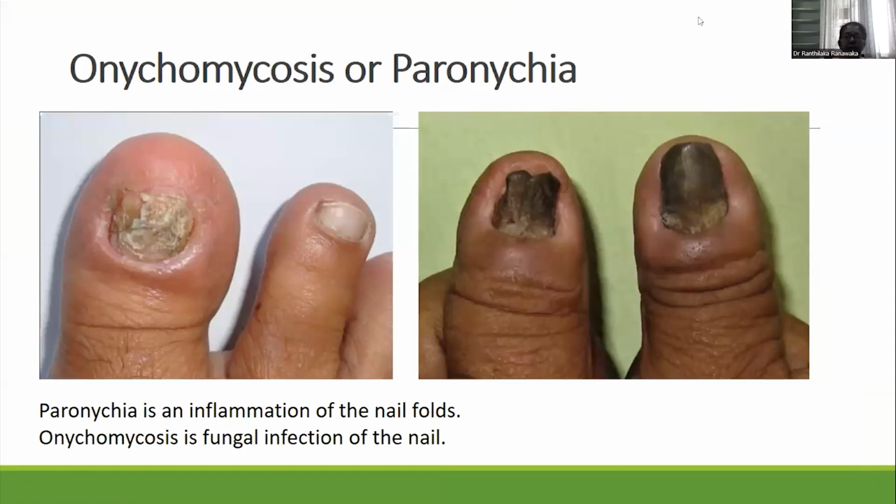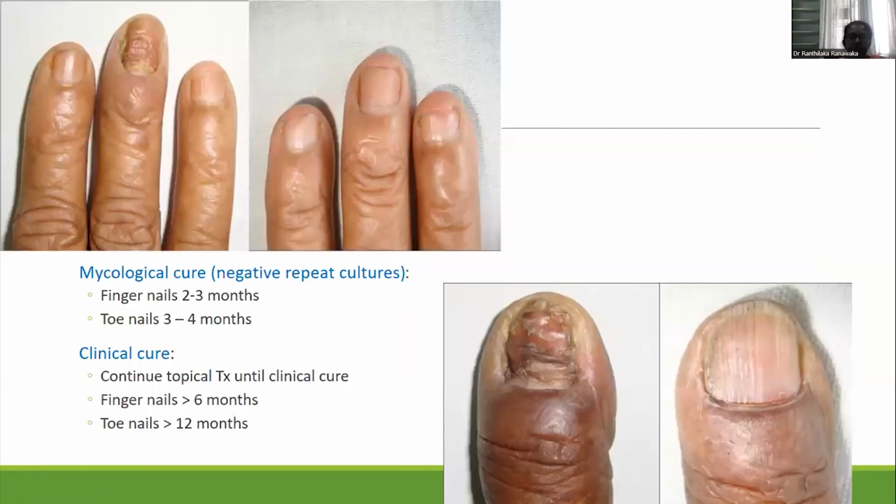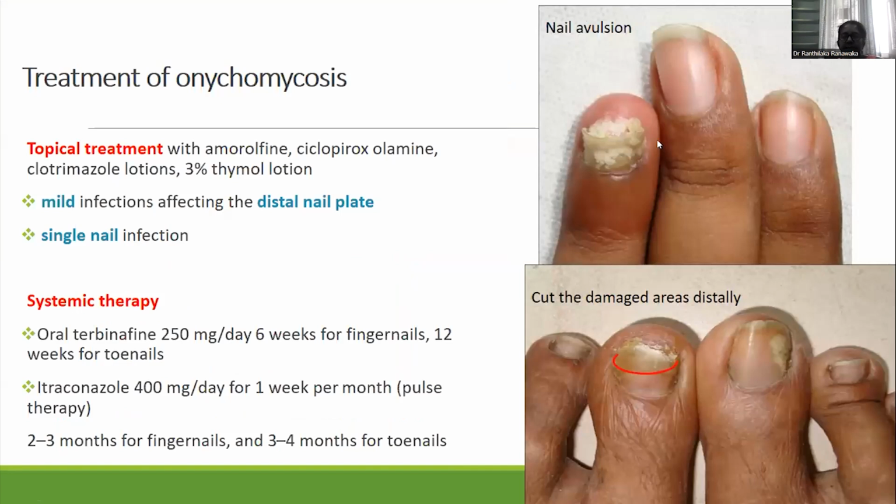So onychomycosis or paronychia, sometimes it's difficult to differentiate. Paronychia is inflammation of the nail folds. So you can see there's an inflammation of the nail folds. In onychomycosis also they can get inflammation of the nail folds, right? In this patient you can see there's inflammation of the nail fold.